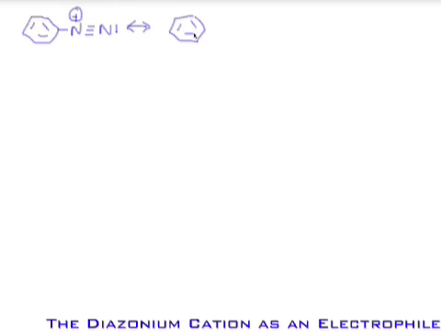It only has 6 electrons. And I grant you this is a minor contributor. But because it's electron deficient, it is an electrophile. Because it's an electrophile, it could attack a highly activated aromatic ring.